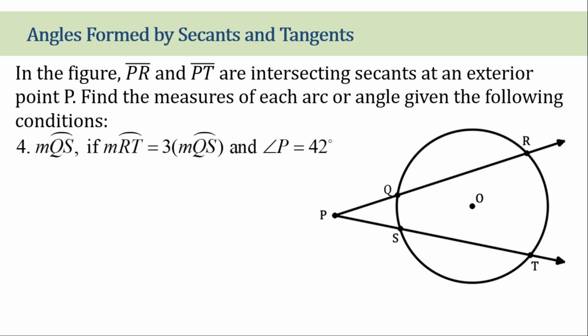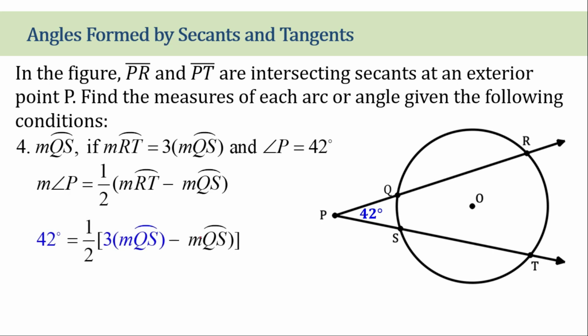Number 4, this is in terms of QS. So the measurement of angle P is 42. Now the measurement of RQS is unknown, and the measurement of RT is equivalent to 3 times the measurement of QS. So that gives us this equation.